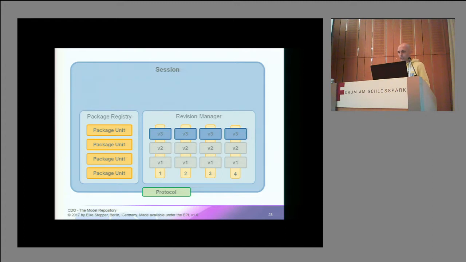And you see here, a logical object has a technical ID here, 1, 2, 3, and so on. And the revision manager caches the loaded revisions of these objects, and it also loads them from the server if they are not in the cache already. So an example with just one object.